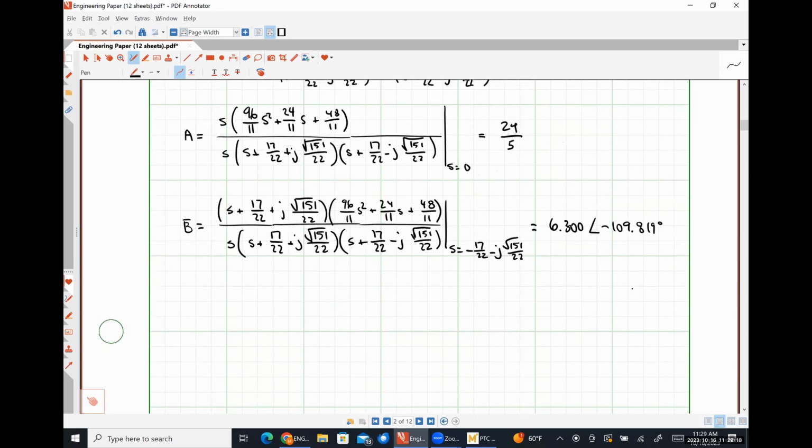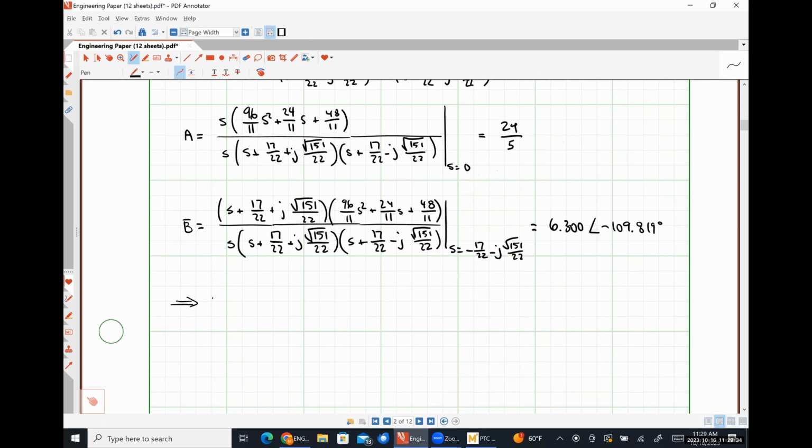And from this, I know that b conjugate is obviously just a conjugate of b, which means I'm going to have inverse Laplace transform for an exponentially decaying cosine function.